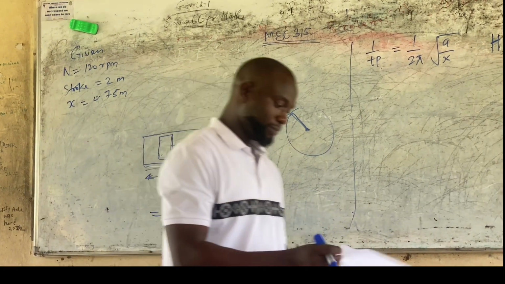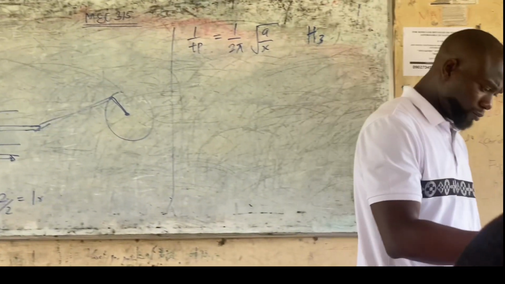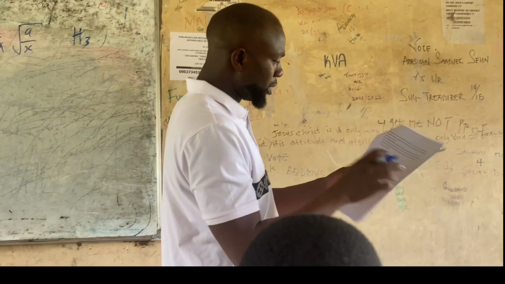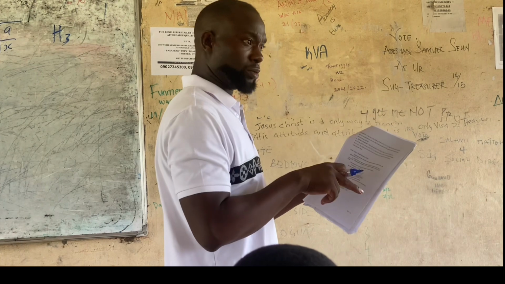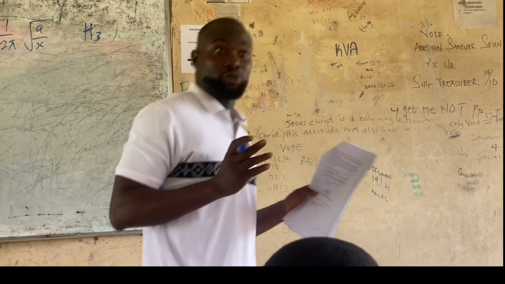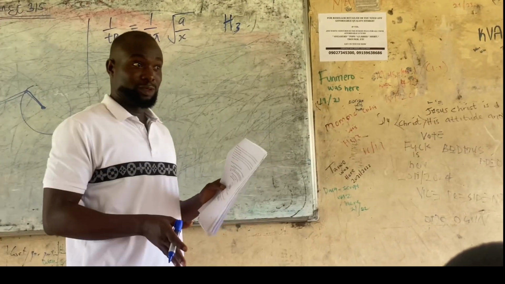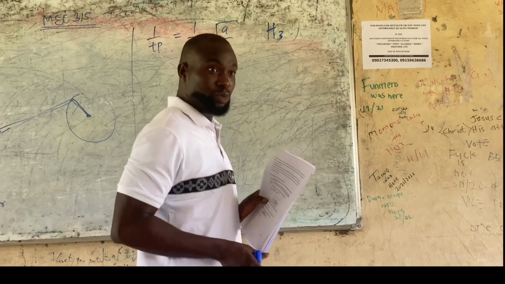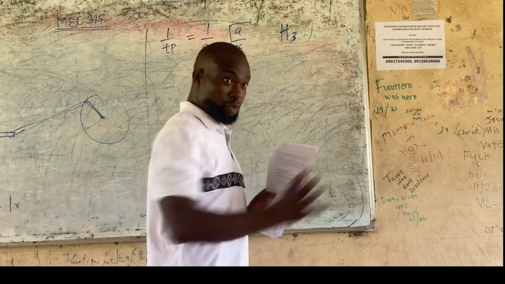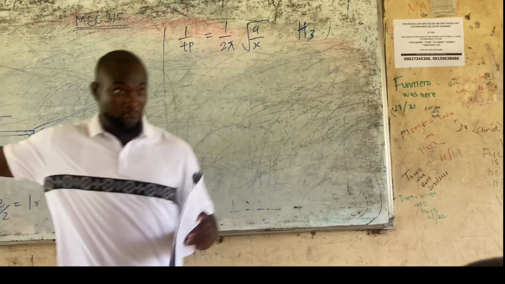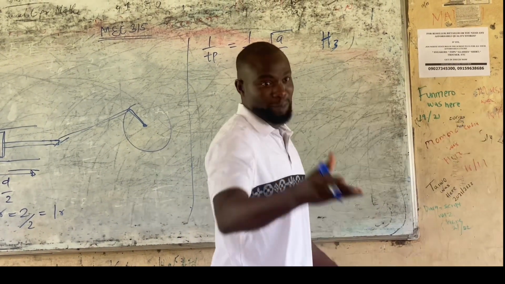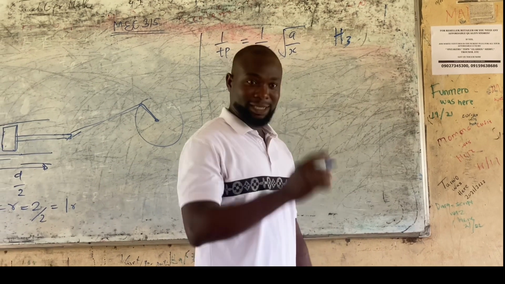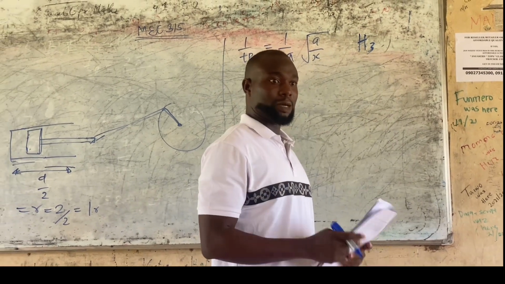If we go back, we will see that amplitude is the maximum displacement of a body from its mean position. That mean position is when it settles, the middle. So the maximum displacement from that middle is the amplitude. If it goes to the front, 1, and to the back, 1, making 2. But from the middle to one direction, it is 1. That's the radius that we need in the calculation.